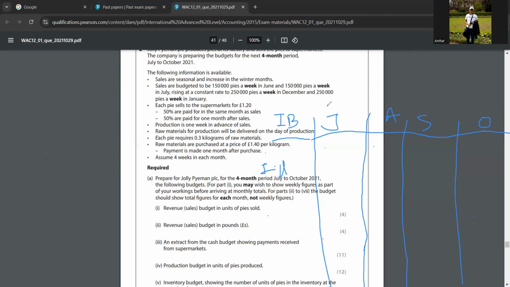Here you have to take 170 for July, 190 for August, 210 for September, and 230 for October. That's all, and that's the answer. Did you understand this? Yeah. So that's the inventory for the month, right? Yeah. Okay. 170. Can you do this?